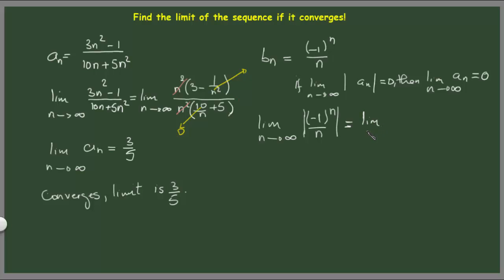Therefore we have the limit as n approaches infinity of 1 over n, and the limit here is, of course, like what we've seen before, 0.